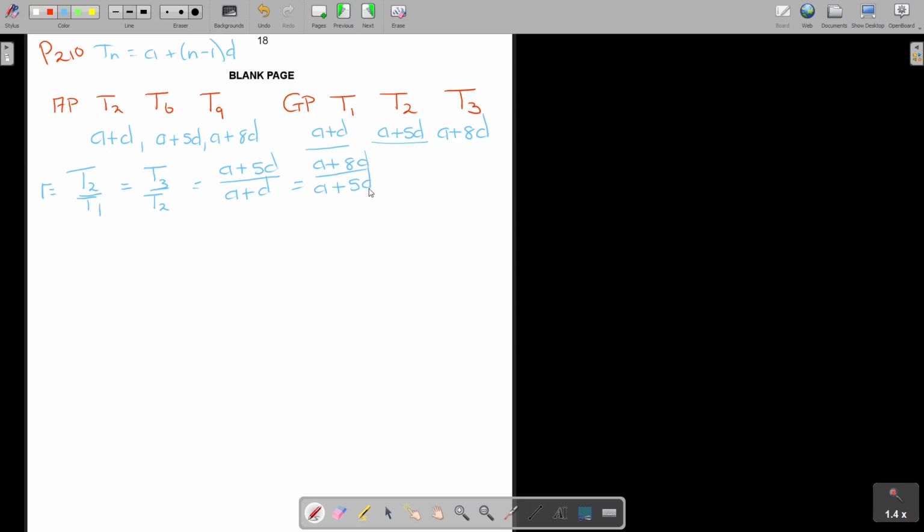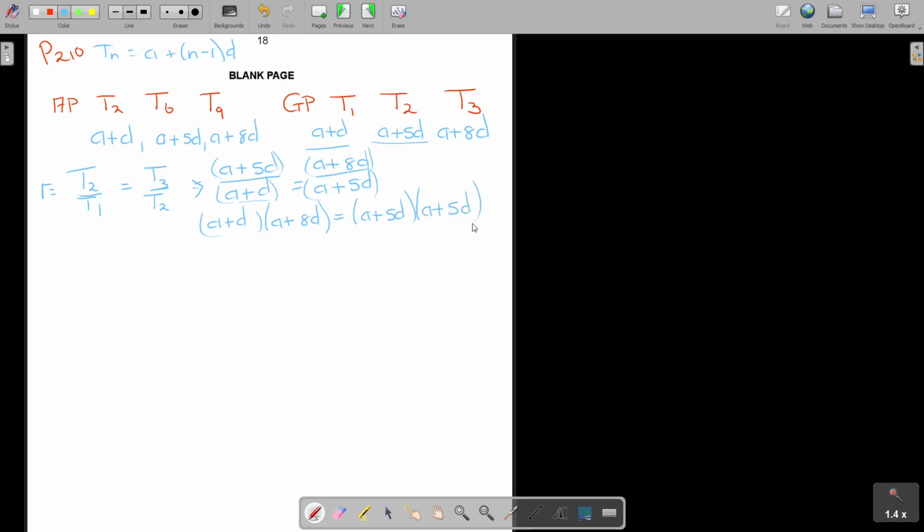Okay, now I'm going to cross multiply. I'm going to simplify. Let's rather make an arrow there. Okay, so make brackets, and I cross multiply. So it's going to be A plus D, I'm doing this one with A plus 8D, and that's going to be A plus 5D, and it's going to be A plus 5D.